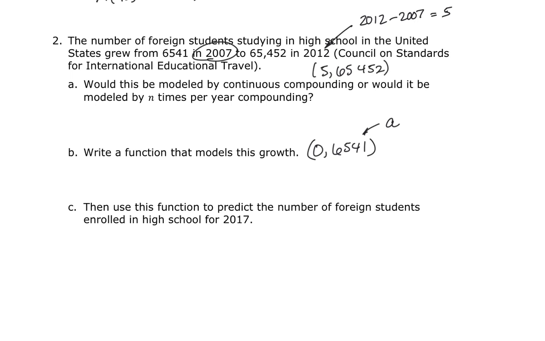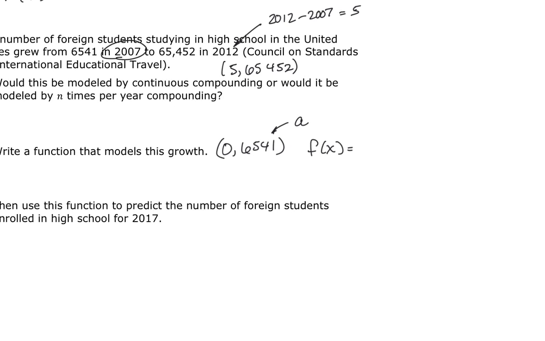And remember, we needed that because we needed the ordered pair. And so we have my f of x, or t if you want to use t, is equal to 6,541 times b raised to the x. My output is 65,452, equal to 6,541 times b raised to the 5th.